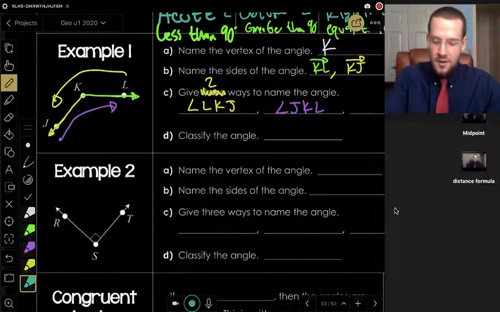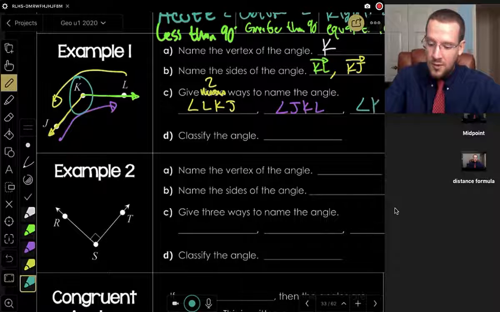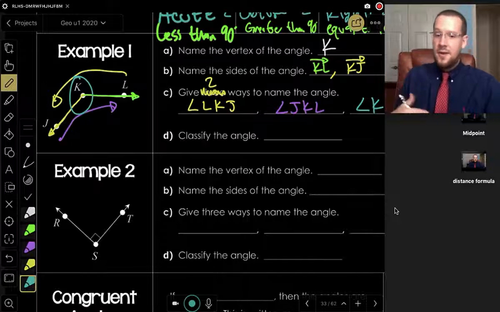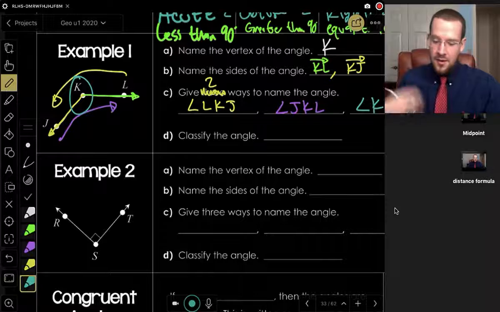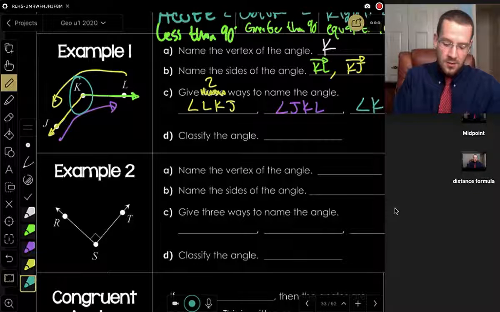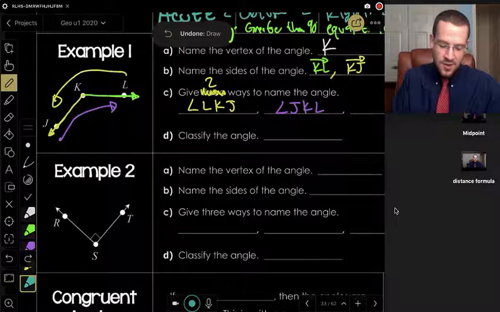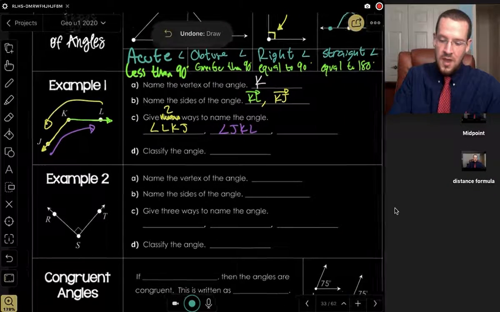You could technically name an angle by only its vertex. You could call this angle K, but we are not there yet. That will come up later, and overall I find that students will get lazy and be confused by this. So we're just not there yet, but just know that you can do that.